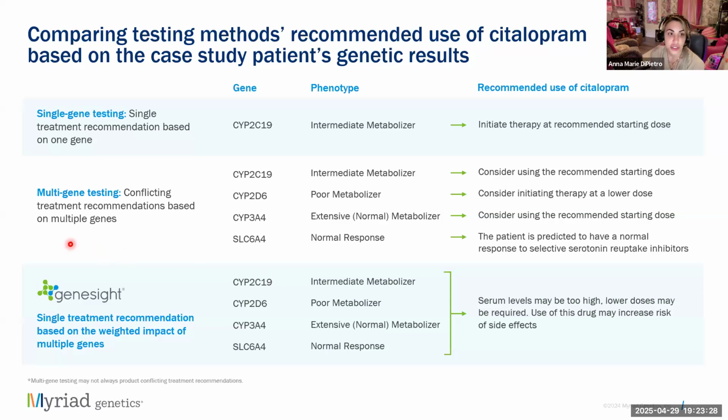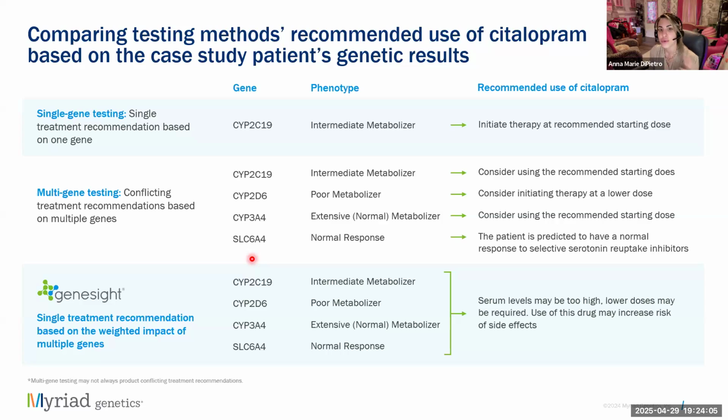Now, even if I did multi-gene testing and I got a report back, which the previous reports before I switched to GeneSight did have multiple genes, but they didn't synthesize information. So this is when I mentioned I'd have my students trying to investigate how do we piece these together and what percentage quantity are they significant, because I would look at the report and say, okay, they're intermediate on 2C19, they're a poor metabolizer on 2D6, so this says I should start it at a lower dose, but then the other one says I should start it at the regular dose.